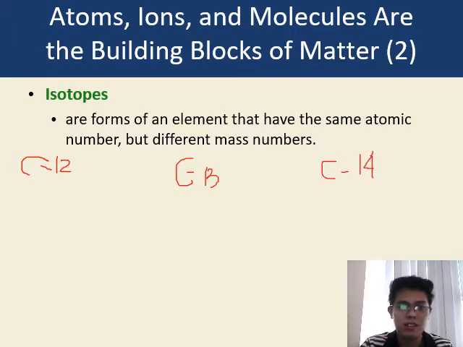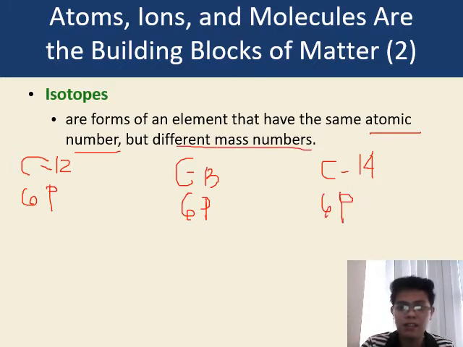What's the same between these 3 isotopes is their atomic number. And atomic number is just the number of protons present in their nucleus. So carbon 12 has 6 protons, the same with carbon 13 and carbon 14. What differs is their mass numbers.